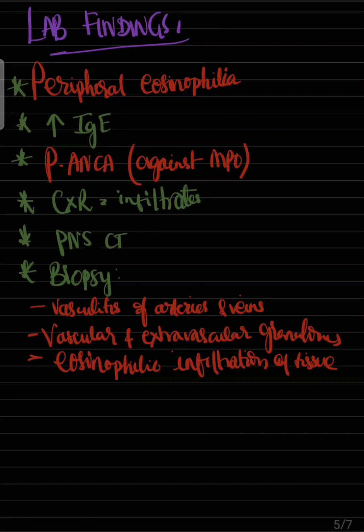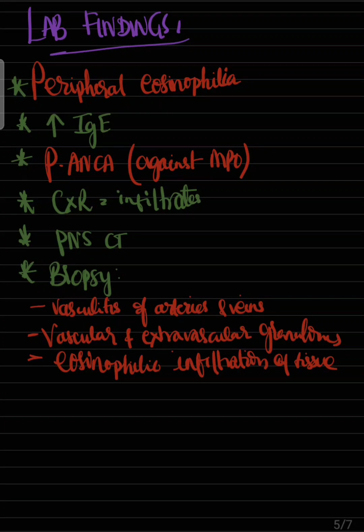So next, coming to lab findings, obviously there's peripheral eosinophilia, there's increased IgE levels, and then P-ANCA, which are formed against myeloperoxidase MPO, are the main lab detection findings here. EGPA can have either P-ANCA or C-ANCA, but P-ANCA is the most important and most commonly found.